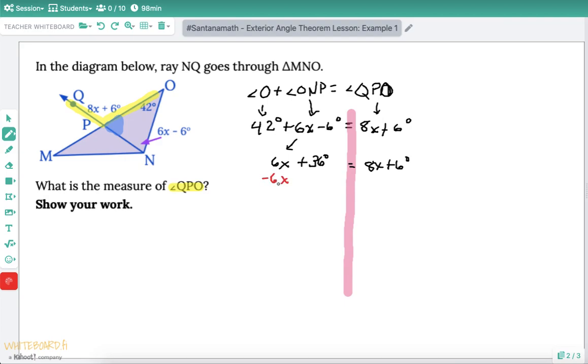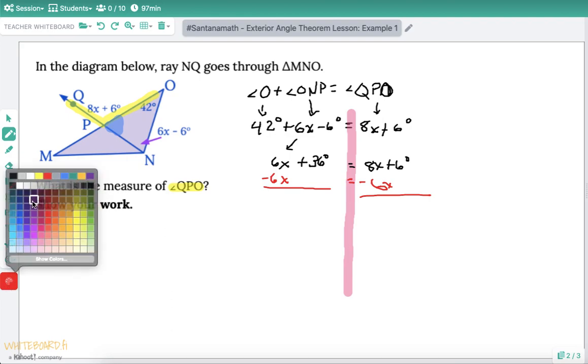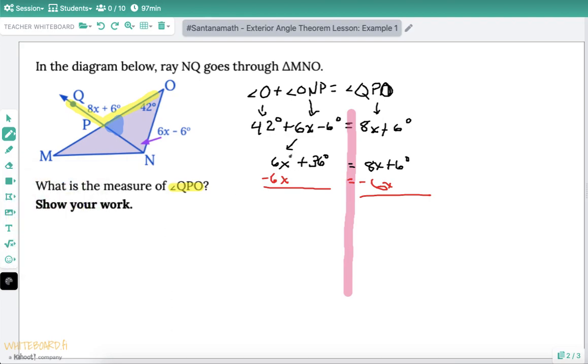So 6x is being removed from that side, so I also have to remove it from this side. That's what's going to keep this equation equivalent. All right, so 6x minus 6x is 0, so we can cross that out. 0 plus 36 is 36 degrees. And then 8x minus 6x leaves me with 2x plus 6 degrees.